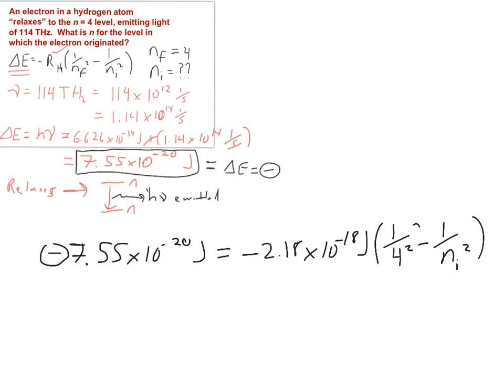We're solving for the initial quantum state, where the electron originated from.